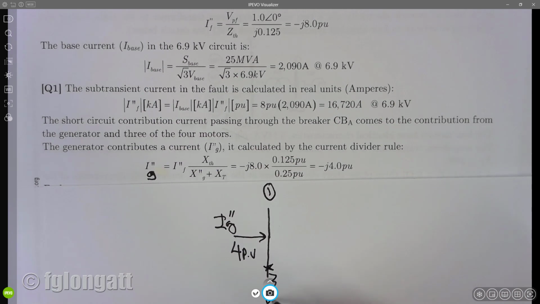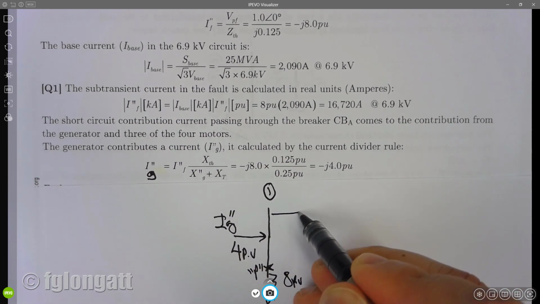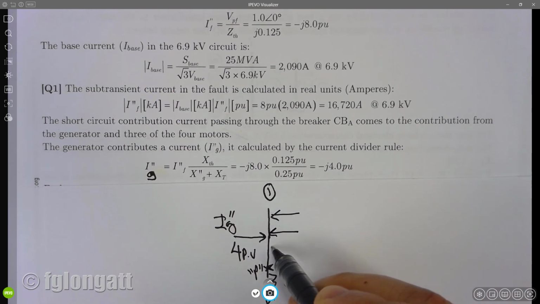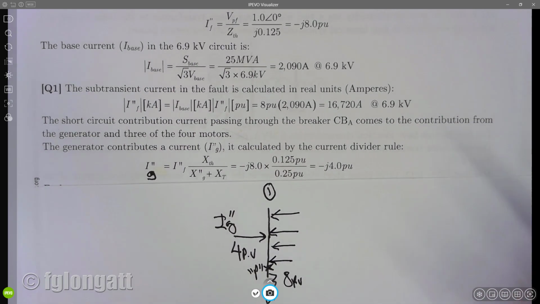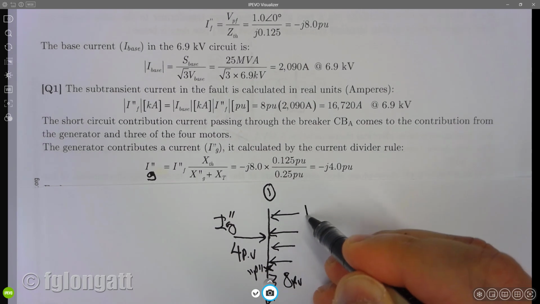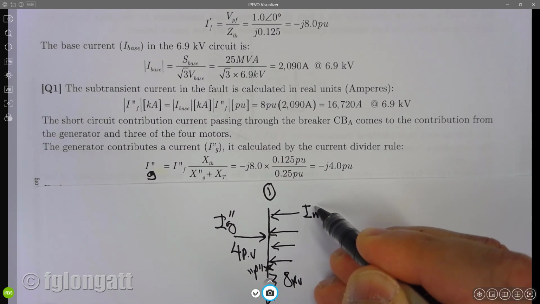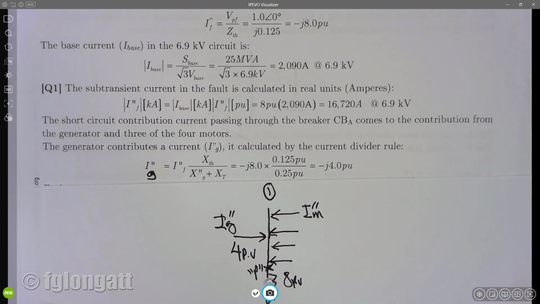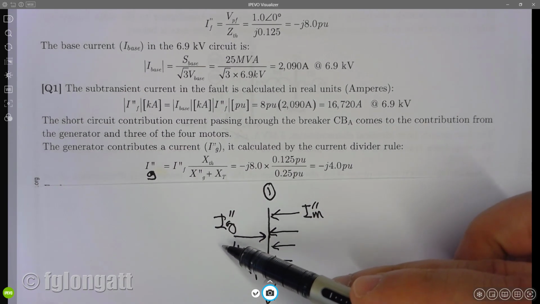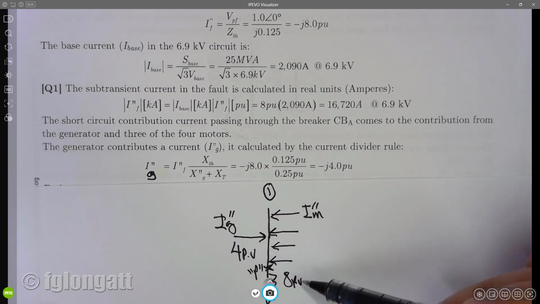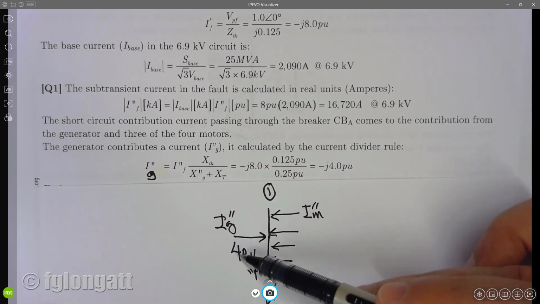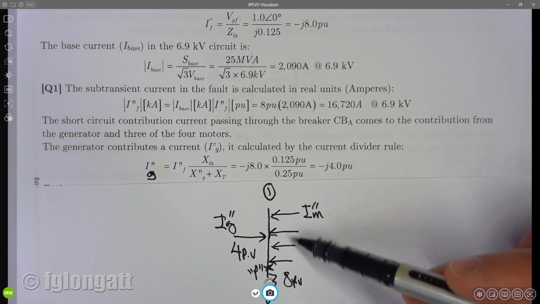And at the fault point P, we have 8 per unit. Now the interesting question is the following. We have here 1, 2, 3, and 4 motors. How much is the motor contribution to the fault? I believe all my students must realize 4 is coming from the generator, and the difference between 8 and 4 is coming from the motors.